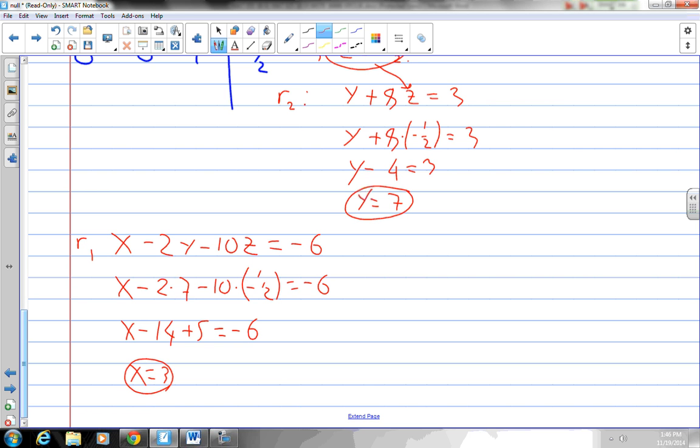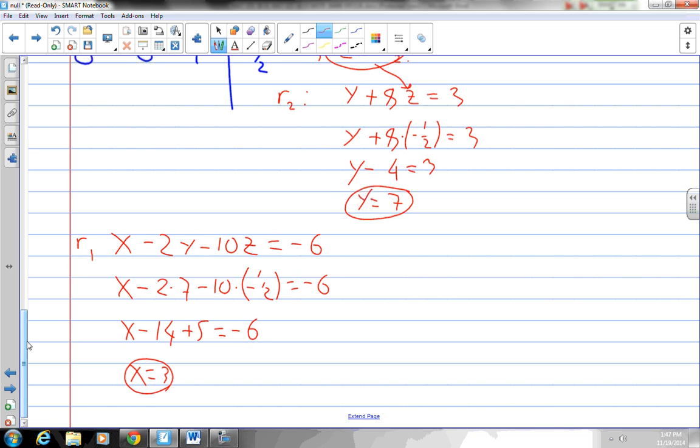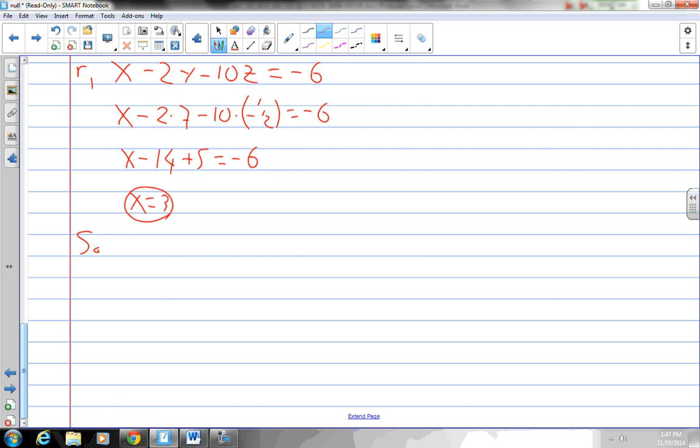Is that right? Because this is negative 9, right? And negative 9 added to the other side, that's 3, right? Yes, it is 3. 3, 7, negative 1. So the solution is 3, 7, negative 1 half.